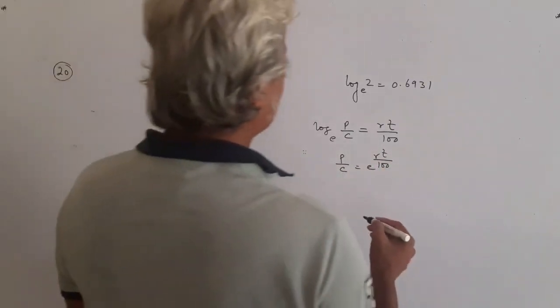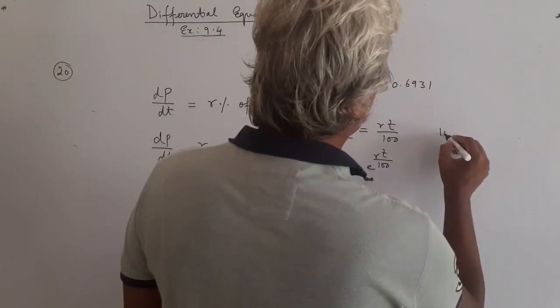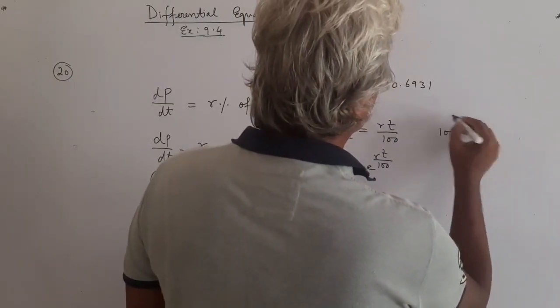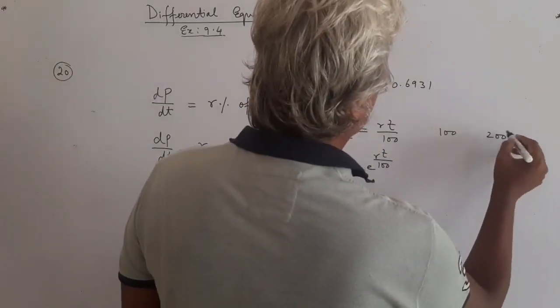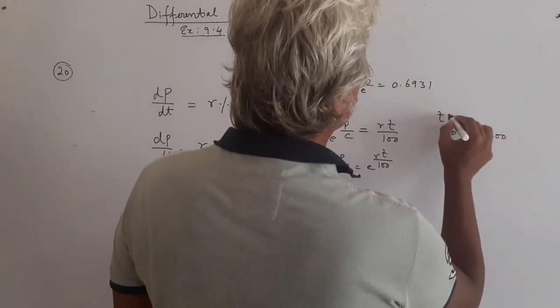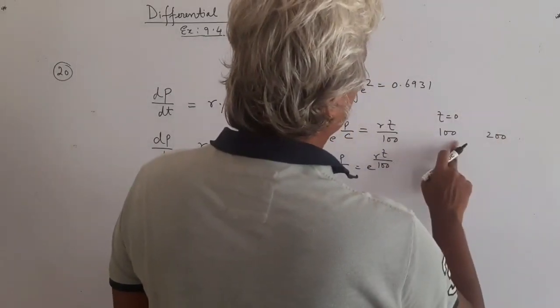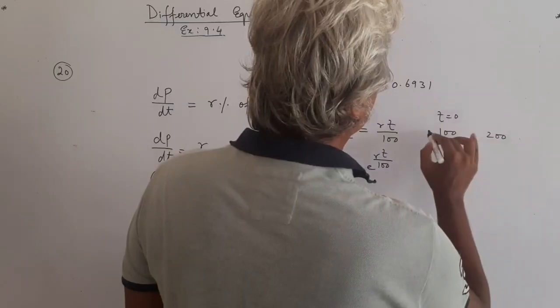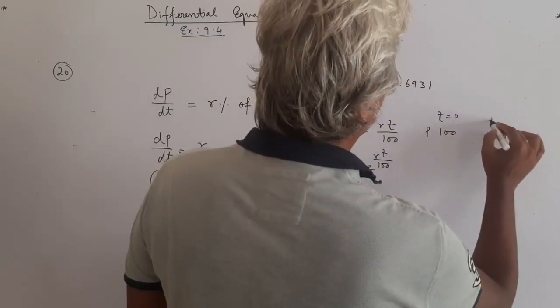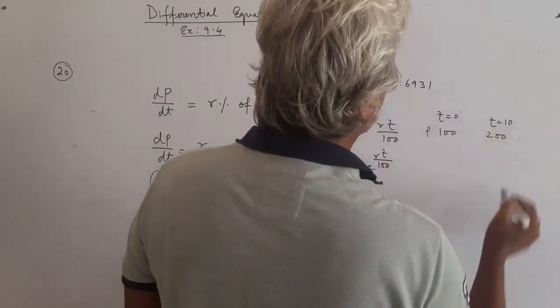Now they have given that if you put rupees 100 now, after 10 years it will become 200. Means when t is 0, if you put rupees 100 here, then this is the principal. Then when t becomes 10, this will become 200.